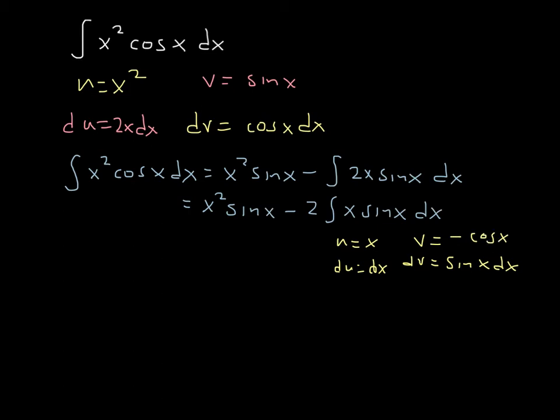And so now, applying integration by parts again, this is going to equal x squared sine x minus 2 times u times v, which is negative x cosine x, minus the integral of v du, so a negative cosine x dx.